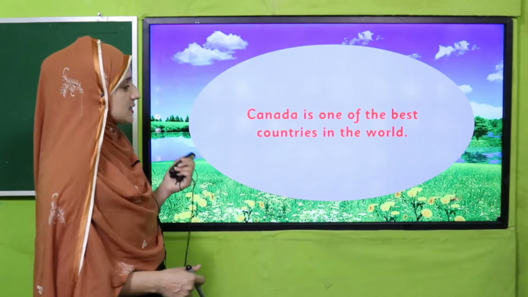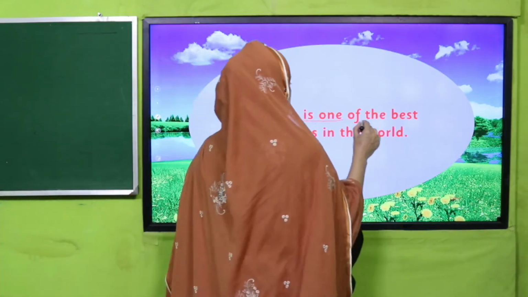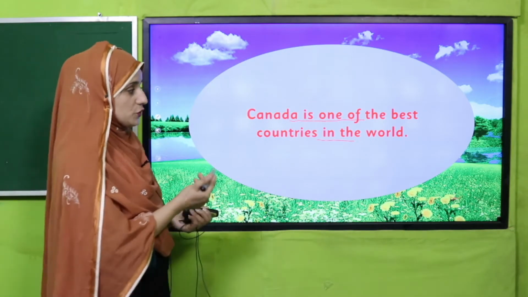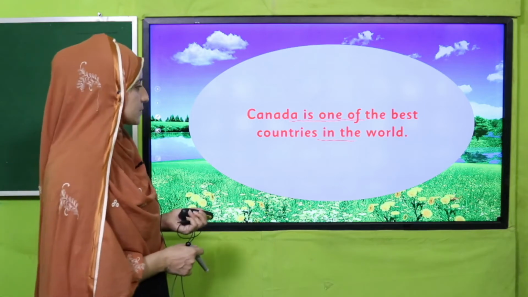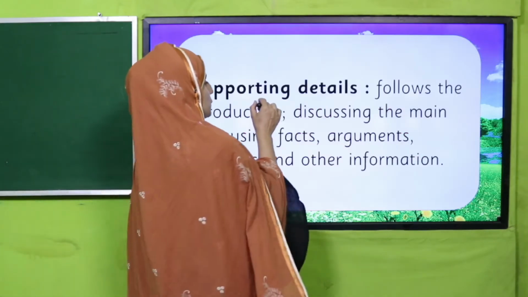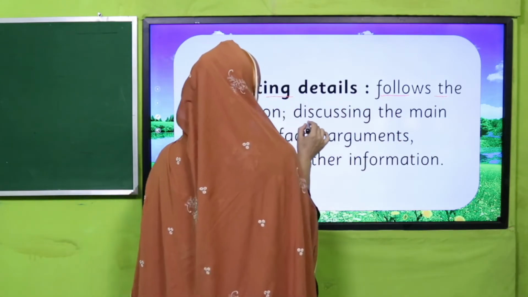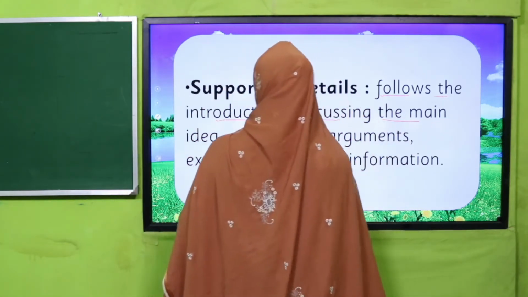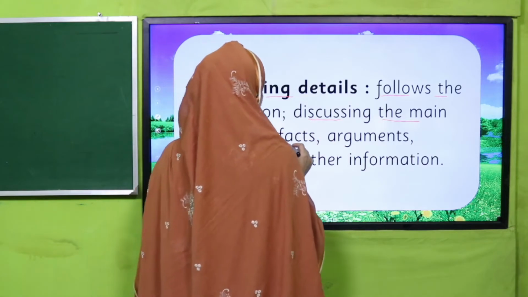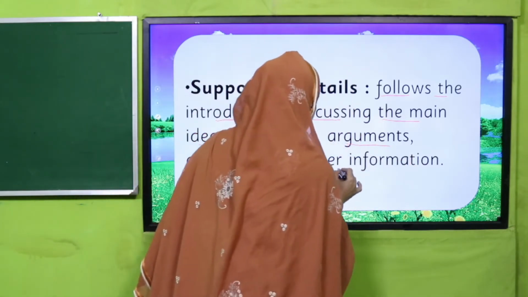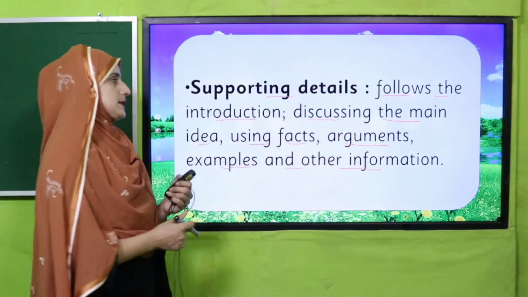Let's see an example. Canada is one of the best countries in the world. So this is our topic sentence. Next is supporting details. It follows the introduction, discussing the main idea using facts, arguments, examples and other information.